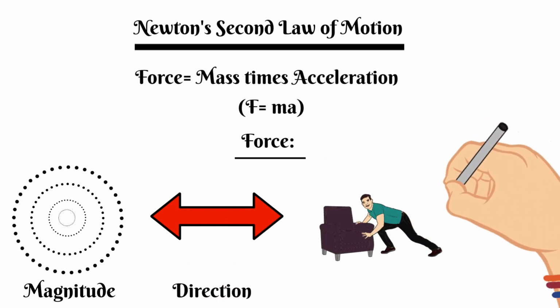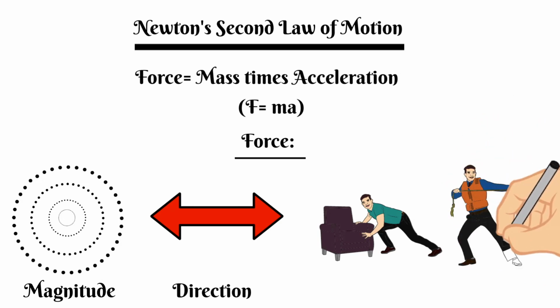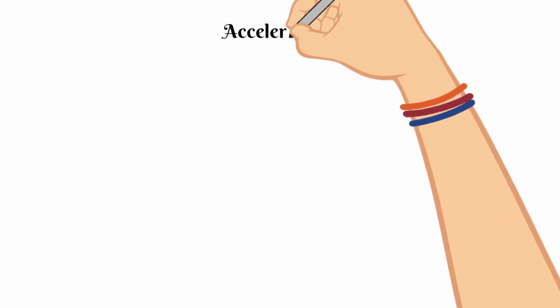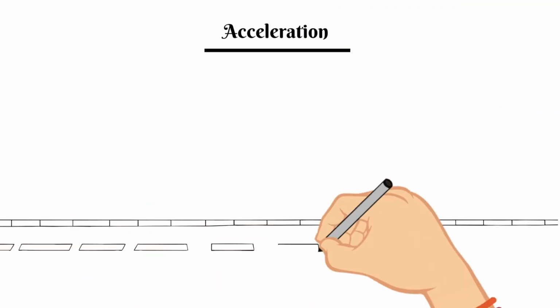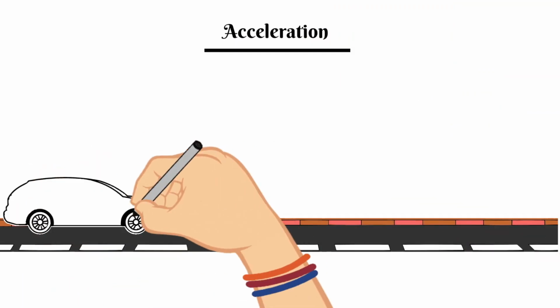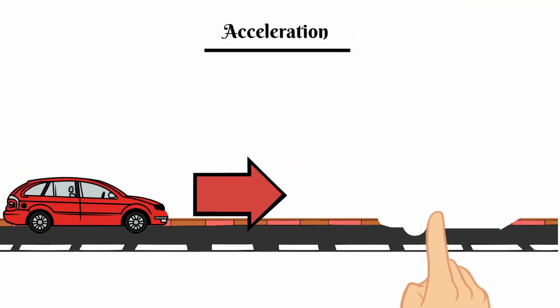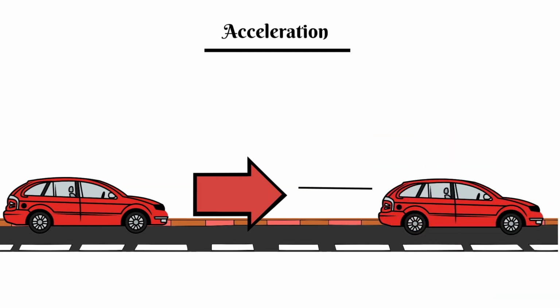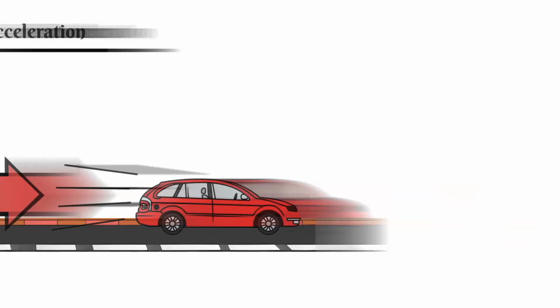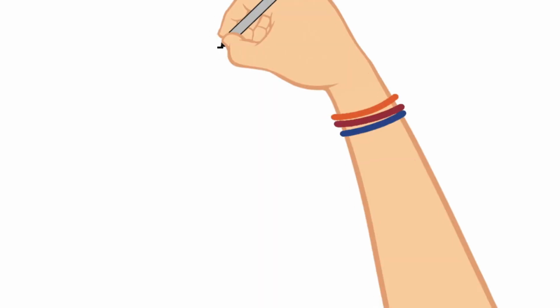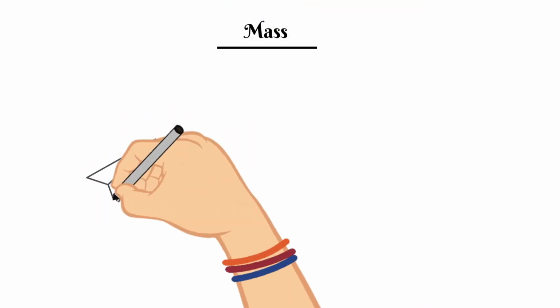This can be a push or a pull. We'll talk a little more about this later. Acceleration is the increase in the rate of speed of something, and mass is the amount of matter in a particular object.